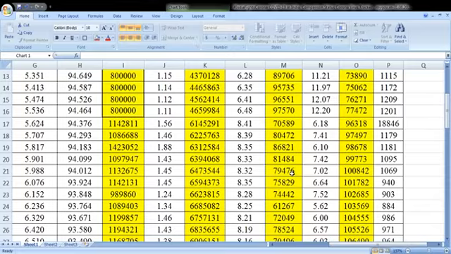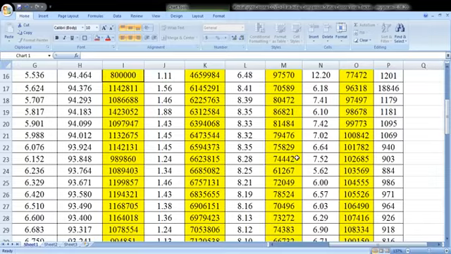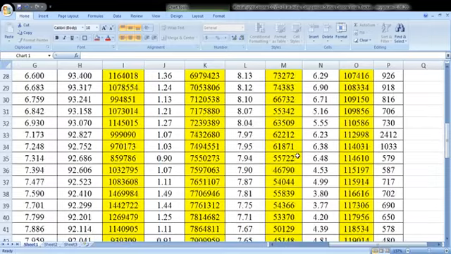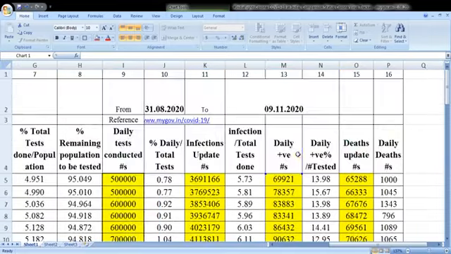This is not possible. 70 came down to 70, then rose again to 80, then 86, then 81 down, then 79. It means there is some play here by the government, if you see tests done, daily percentage, daily update, total test of infection update.